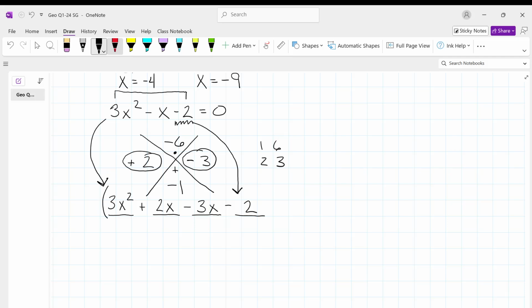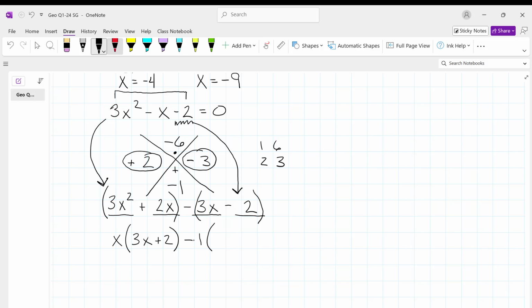Then we grouped and we factored each group. So the greatest common factor in 3x squared and 2x is x. And when you divide x into 3x squared, you get 3x. And when you divide x into 2x, you get 2. This minus sign comes down, which is the same as a -1.